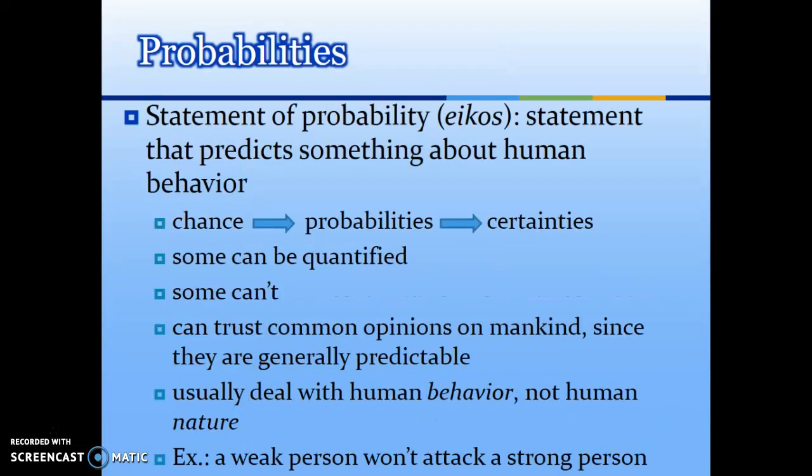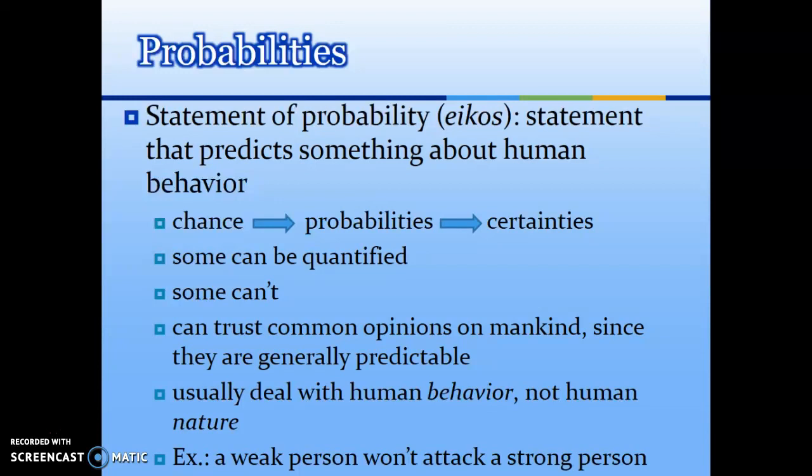So a great deal of this issue of rhetoric and logic is built upon probability, right? And you remember from math classes, and maybe some of you have taken statistics or will be taking it pretty soon. These are, in rhetoric terms, statements about human behavior, right?